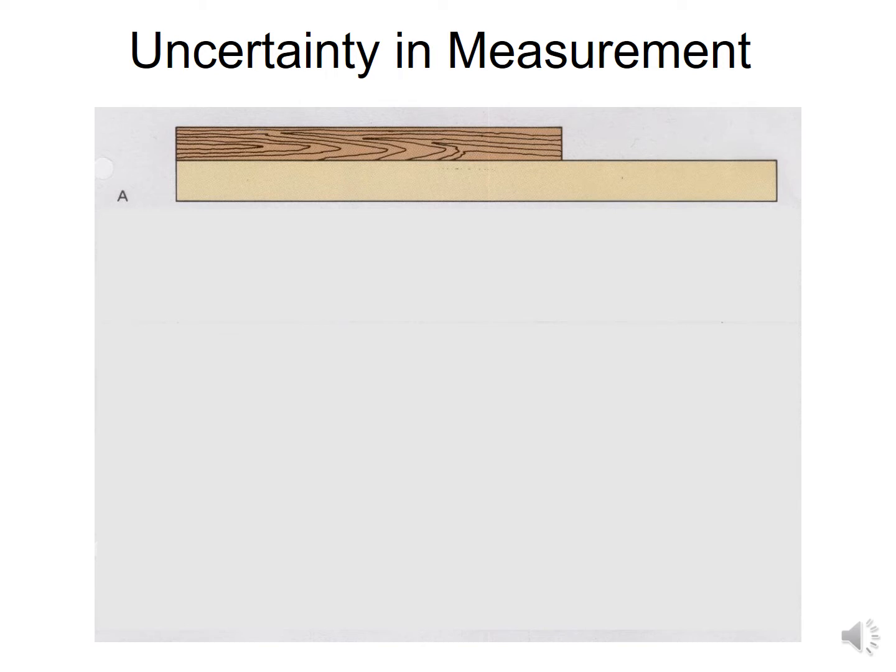It is important to recognize that every measurement has a certain degree of uncertainty. Let's look at an example. In this illustration, we see a board, that's this upper part here, the brown one, and we want to measure its length.